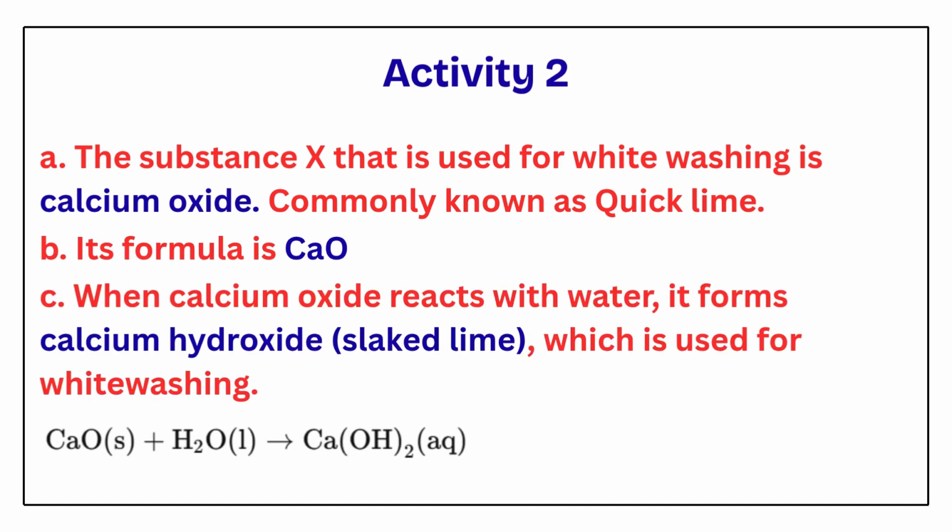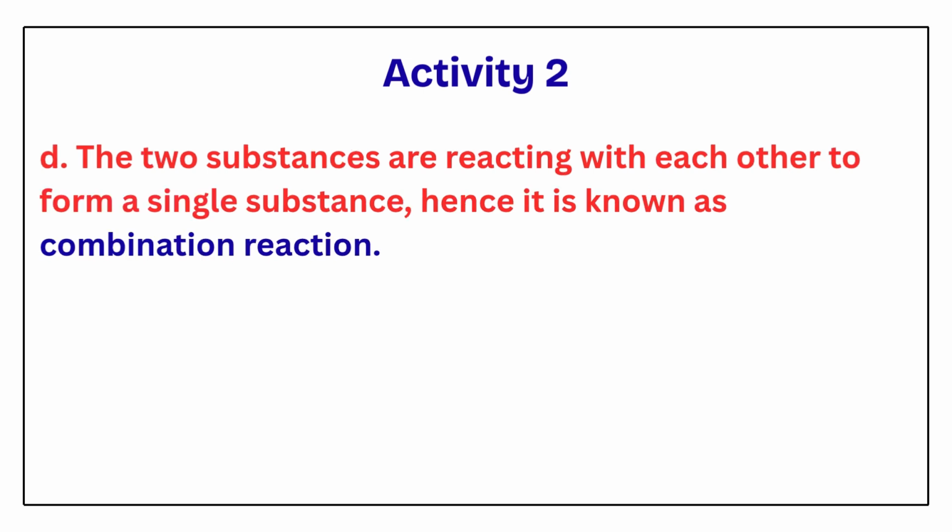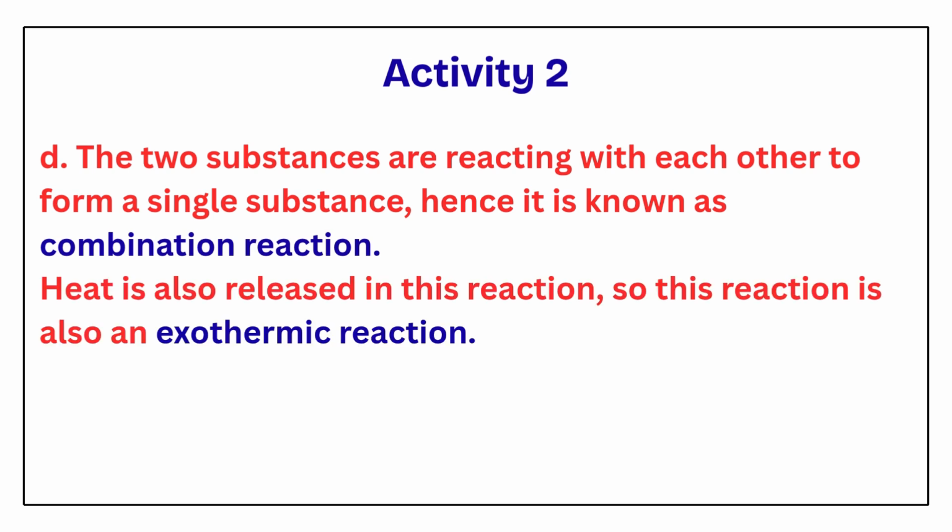The reaction with water is CaO plus H2O giving you Ca(OH)2. This is already a balanced equation, and as you can see here, the two substances are reacting together to form a single substance. Hence, it is a combination reaction. Also, since heat is being released in this reaction, it is an exothermic reaction.